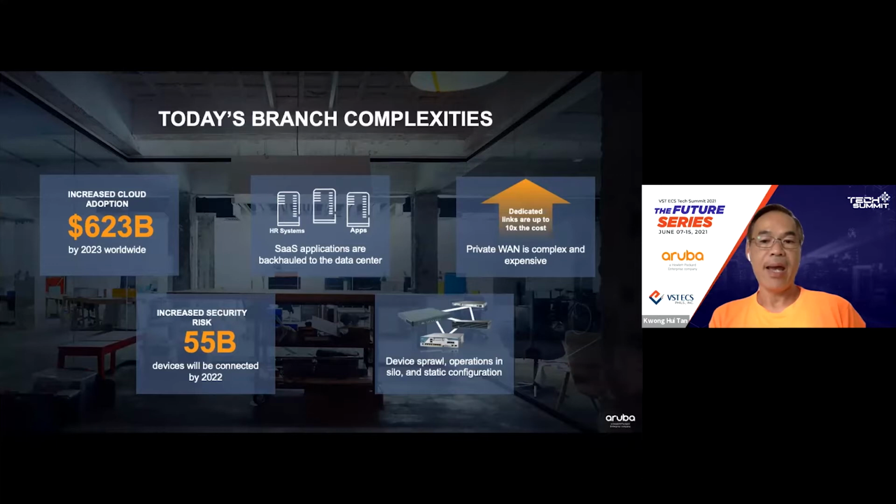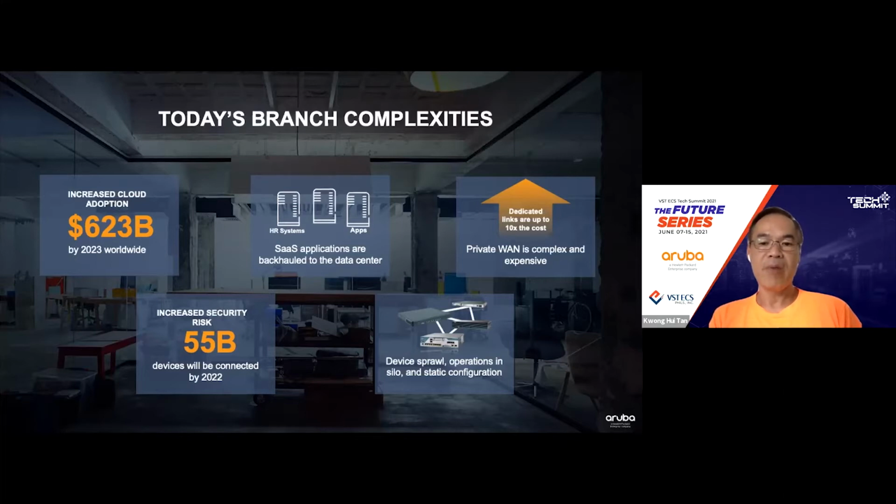Your applications are everywhere. The traditional branch network architectures weren't designed to address this, as all traffic is backhauled to the data center. And the private wide area network connections to the data center are complex to manage and costly, when you consider much of the traffic isn't accessing on-prem corporate resources.